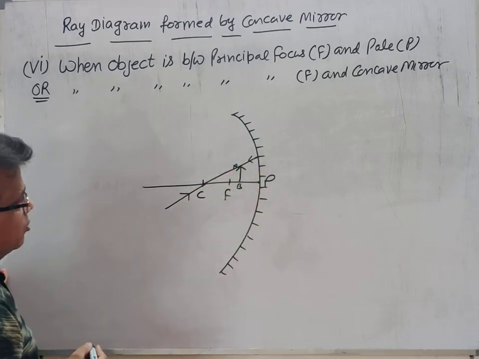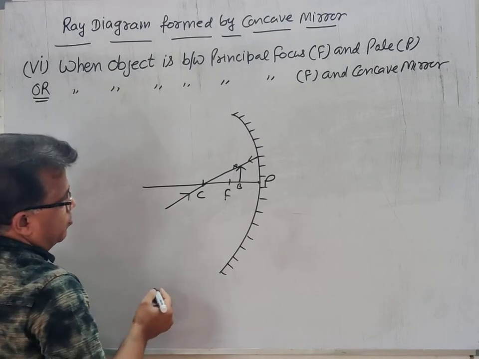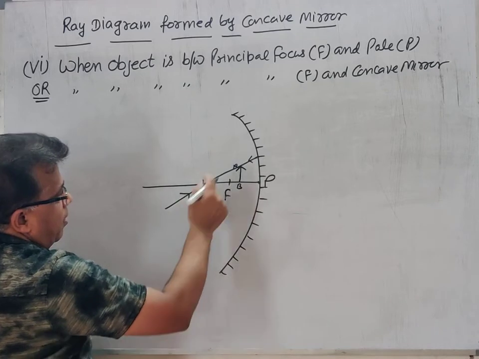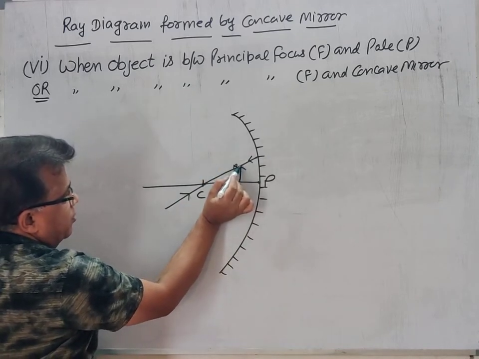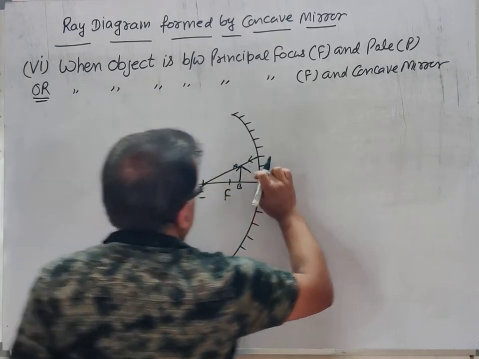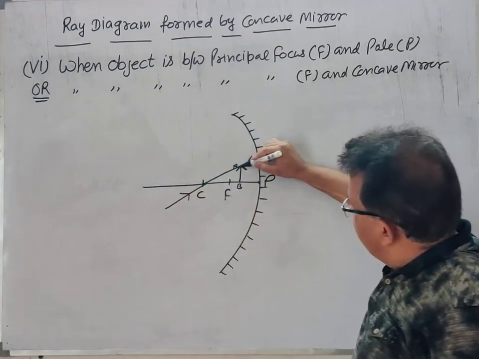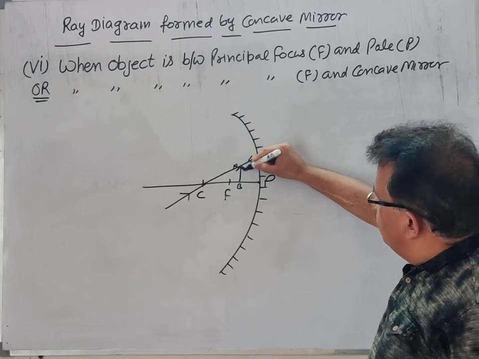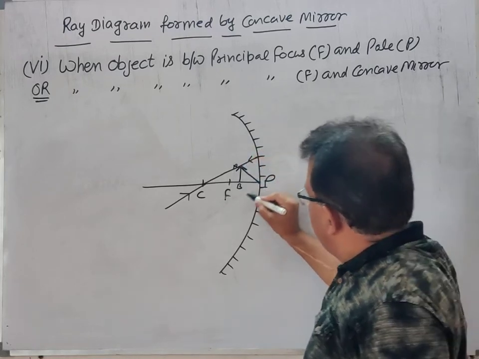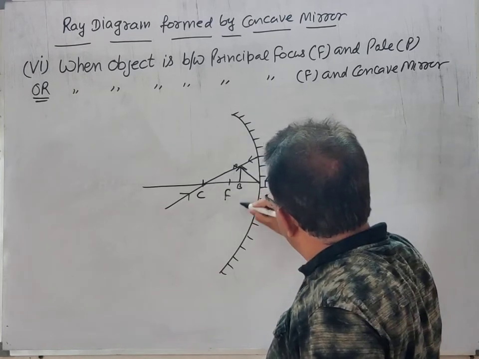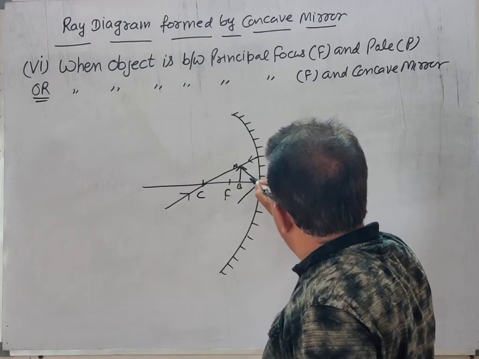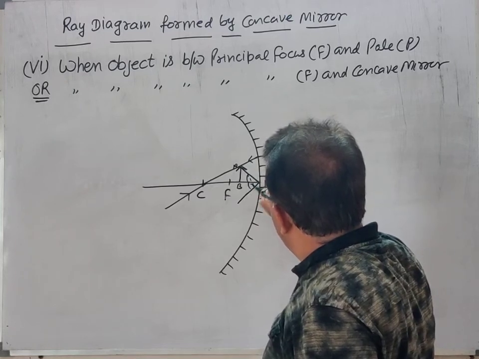Another ray we can show in this way also, which is falling on or touching the pole, making this angle I, and it will be reflected along the same angle. This is angle I and this is angle R.